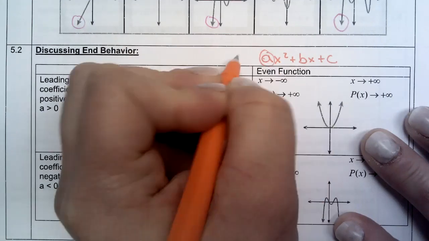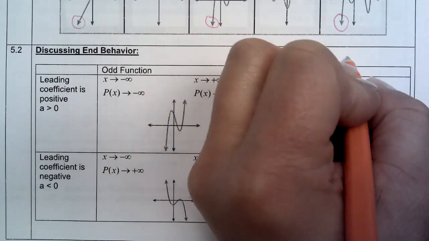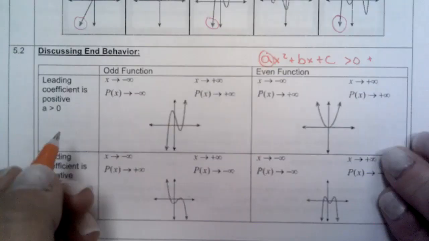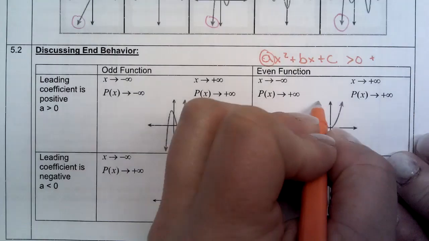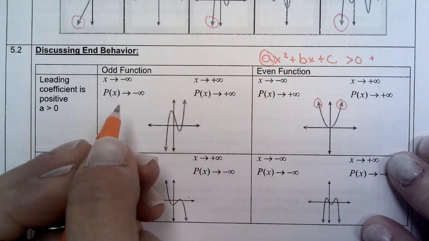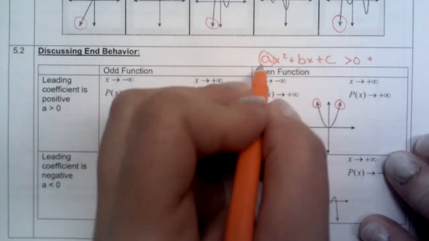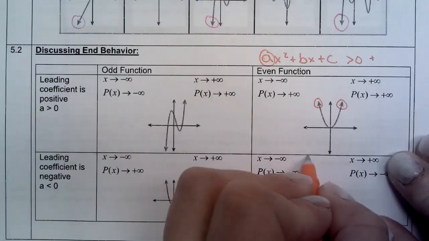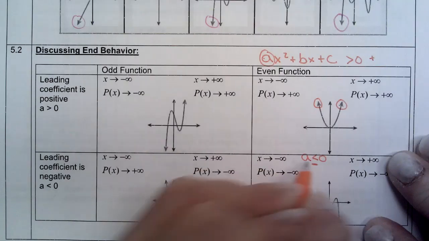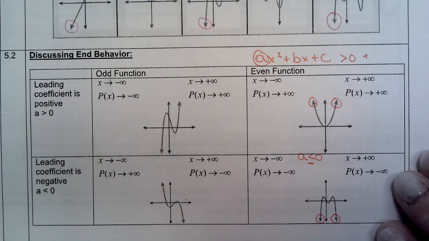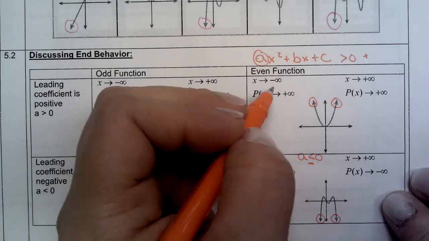If this value is greater than 0, or it's a positive number, those parabolas open upward. If this a value is less than 0 or negative, those parabolas open downward. So this is going to tell you the different rules.